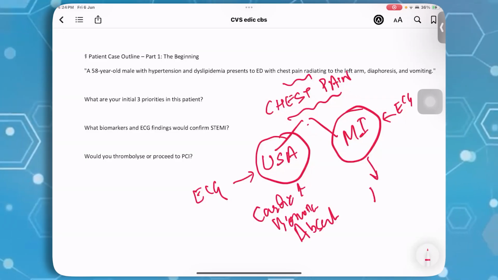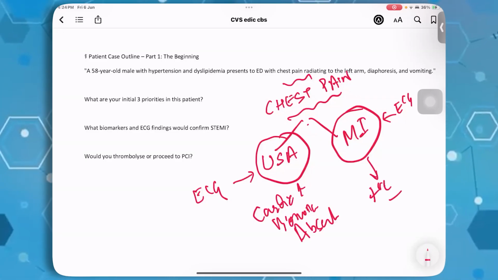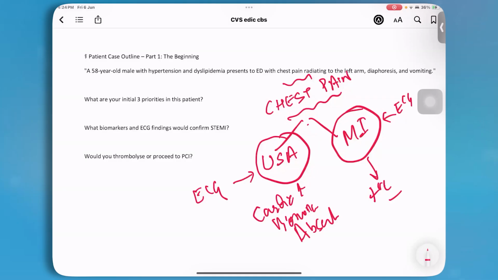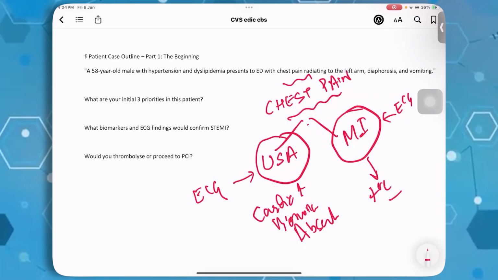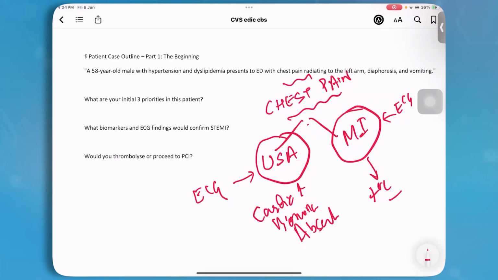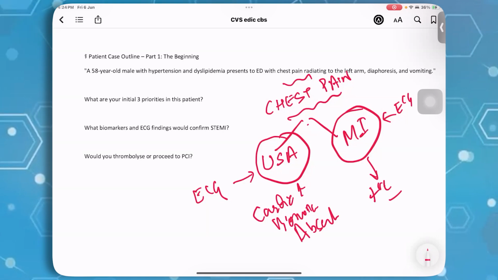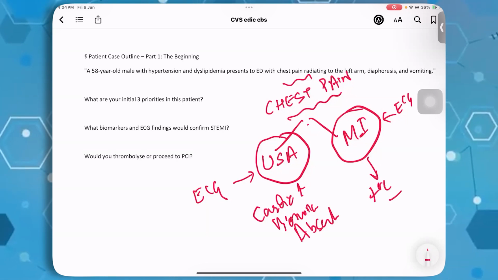MI means infarction, which means release of troponins, CPK-MB and myoglobin into circulation. In unstable angina, the heart is crying out for help because the circulation is not enough.